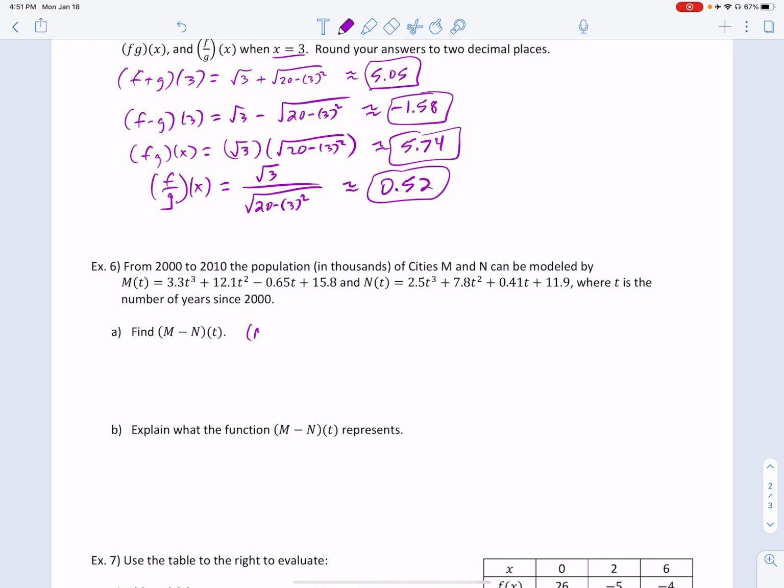And so that M minus N of t is going to be 3.3t cubed plus 12.1t squared minus 0.65t plus 15.8, minus 2.5t cubed plus 7.8t squared plus 0.41t plus 11.9.